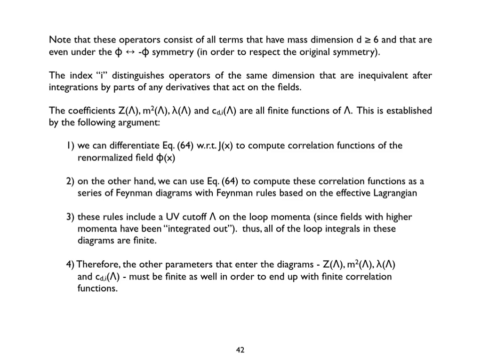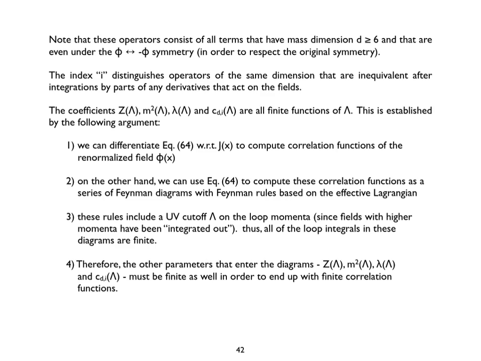So you always want to respect the original symmetry, so that's why we can only go with even powers of phi. And like I said, all those coefficients, the mass terms, the couplings, they're all functions now of lambda because we put in this physical cutoff.